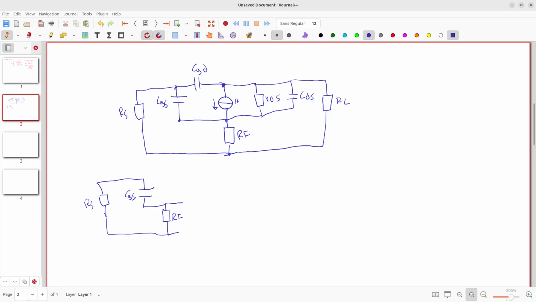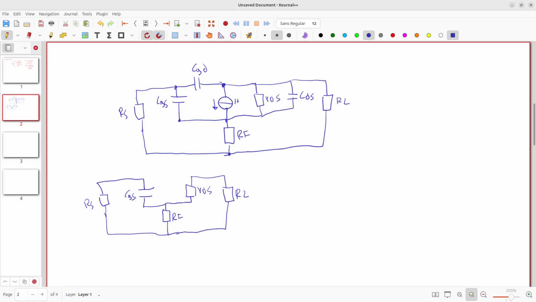I remove the current source, so I remove the other sources. In this case there is only one source, and I remove the other capacitor, so I only leave capacitor CGS right now here. So we have the following model.